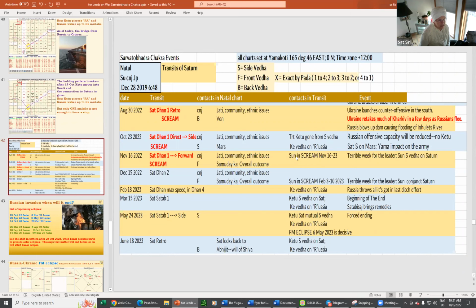And so when the sun goes through and agitates the Saturn, which will still be in Dhanishta, that should be difficulty for the Russian leader. There'll be another, but it's only a week. Maybe it won't be enough to register, because it's fast moving. And then the sun again will go through a week in February, from February 3rd to 10th. So again, problems for the leader.